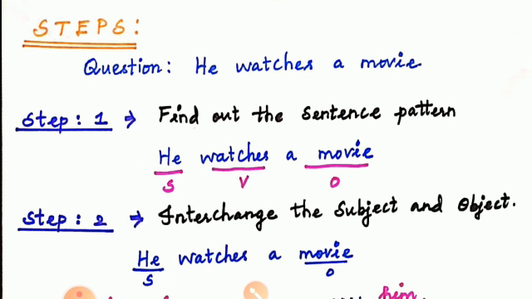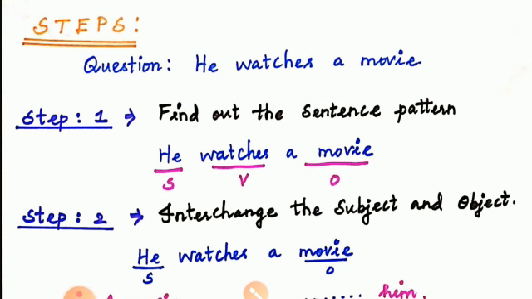Active voice gives much importance to the subject. In that sentence, the subject is the doer of the action. Whereas in a passive sentence, the object receives the importance. That is, what kind of action is done by the subject, or what kind of action is received by the object, is given importance in passive voice.